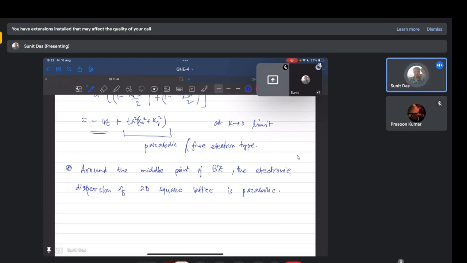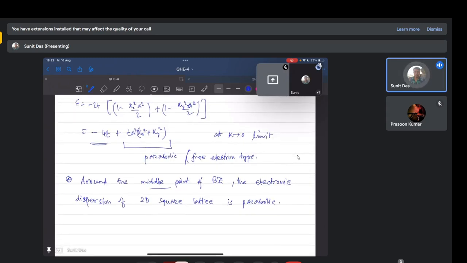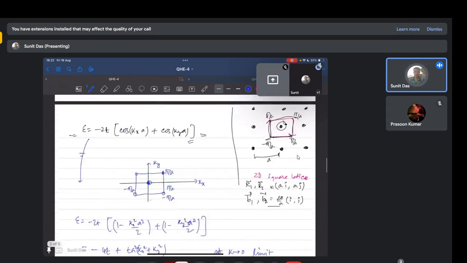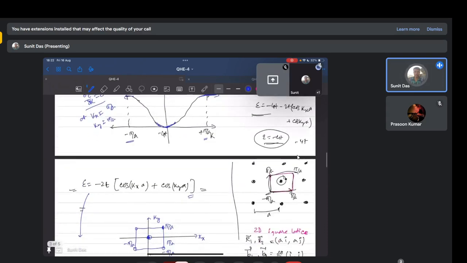So the dispersion actually depends on which part of the Brillouin zone I am in, and this middle point is typically called the gamma point, capital gamma point. In our case, this is 0, 0. So when you say k tending to 0, that means we are basically focusing on a particular zone of the Brillouin zone.